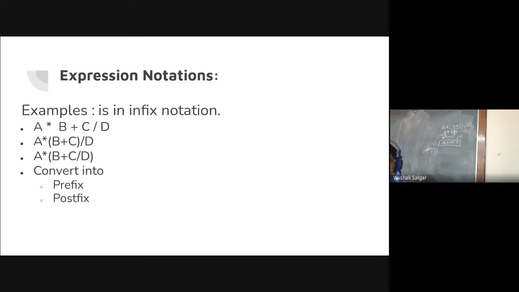Anusha has written A, B, C plus, then multiplication, D and then division. Correct. This is correct. Is anyone getting a different answer, or are all of you getting the same answer?